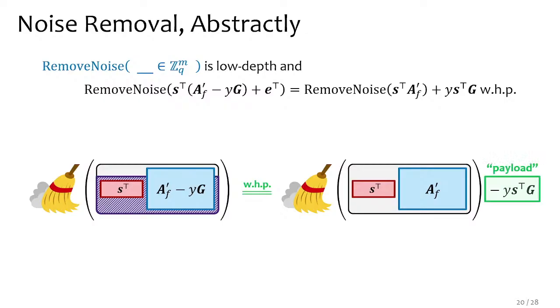OK, so let's see what we can do with noise removal. First, we have the payload. That's part of the structure we need for the homomorphic evaluation. However, this first part is noiseless, and you cannot do any homomorphic evaluation on it. So the idea is to compute something else in order to revert it into the format of BGG encoding.